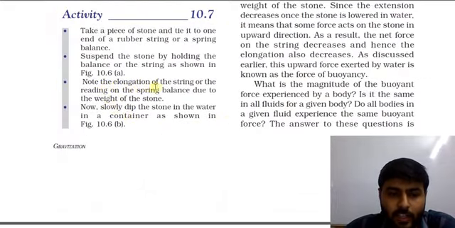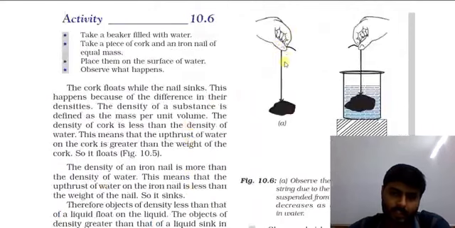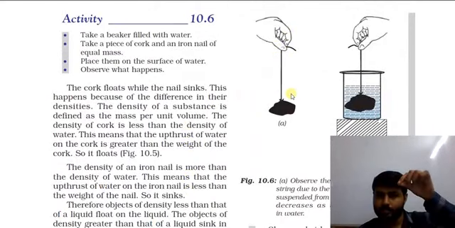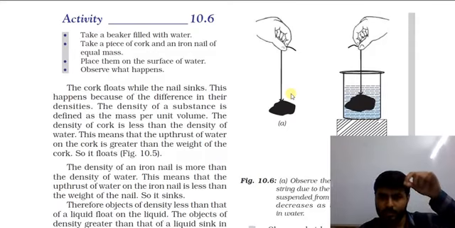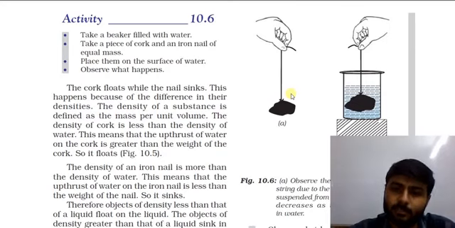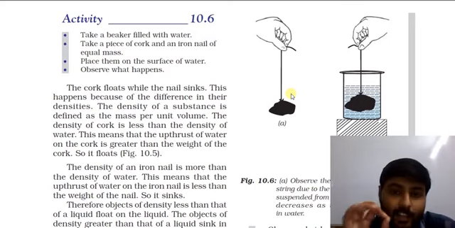Note the elongation of the string or the reading on the spring balance due to the weight of the stone. This string is a rubber-like material, so it will elongate, it will stretch. Now we have to notice the stretching of the string, or if we take a spring balance, we have to notice the reading of the spring balance.